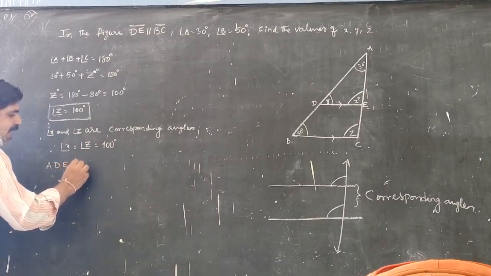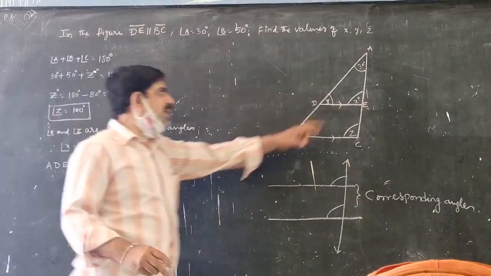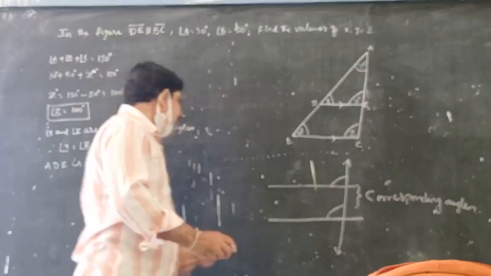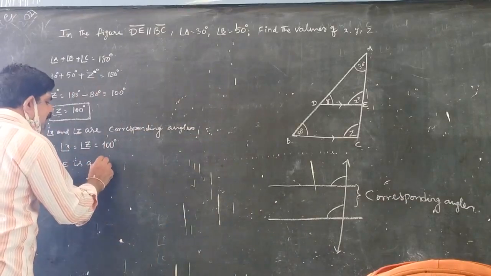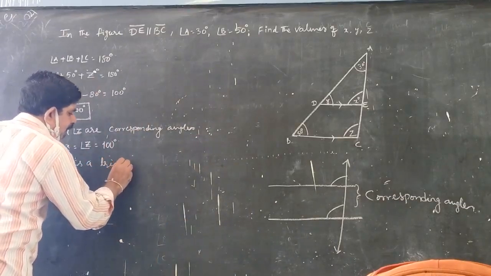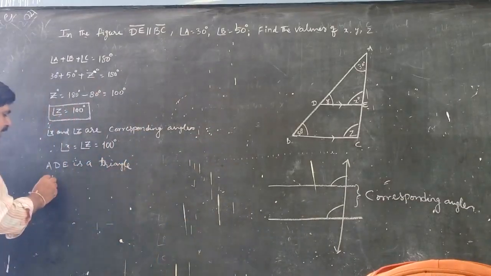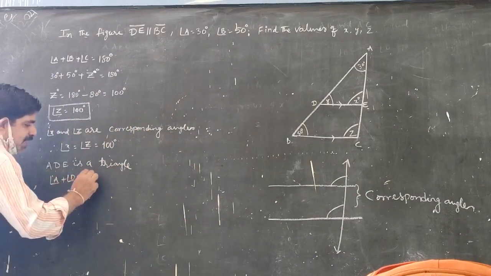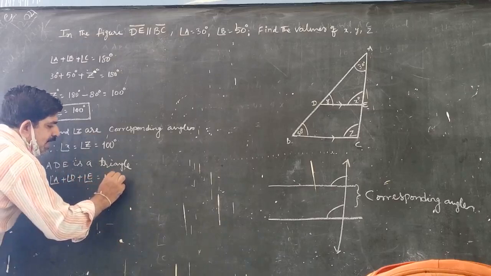Again, ADE is a triangle. And angle A plus angle D plus angle E is equal to 180 degrees.